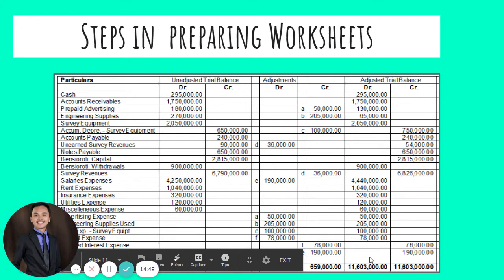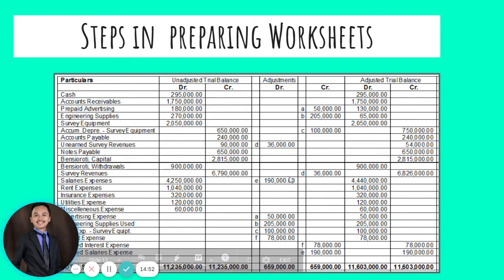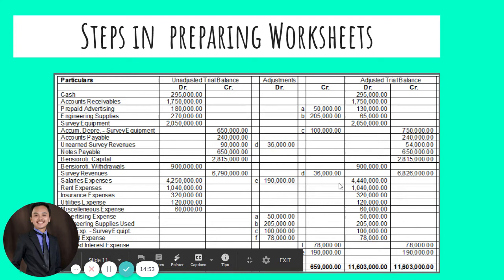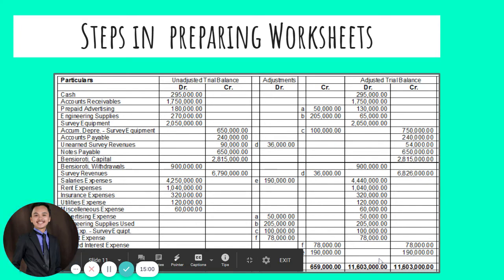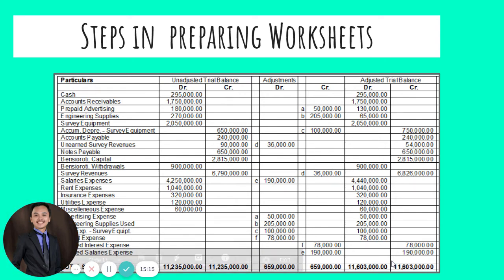So again, after you have already combined all the items in the unadjusted trial balance and adjustments, you also do the footing again to determine whether you have plotted or added the items correctly. If it's not balanced, then that means there is something wrong. You need to recheck your adding or recheck your plotting of items.